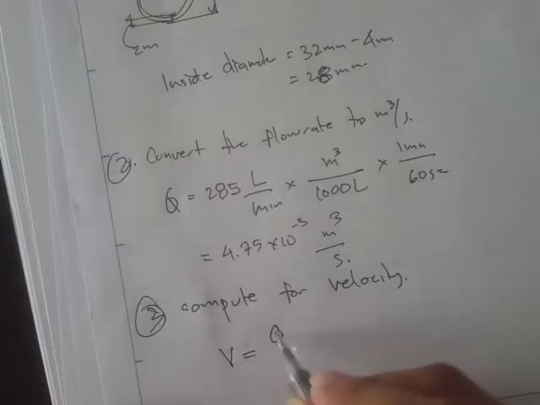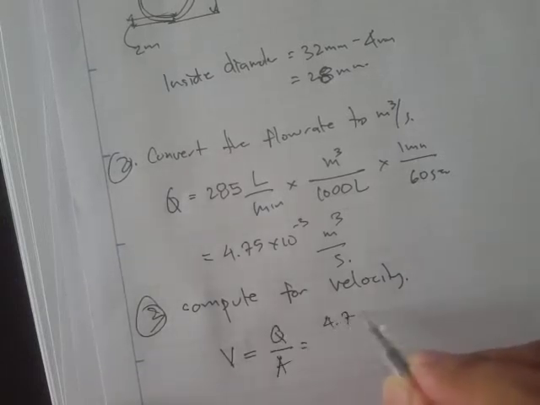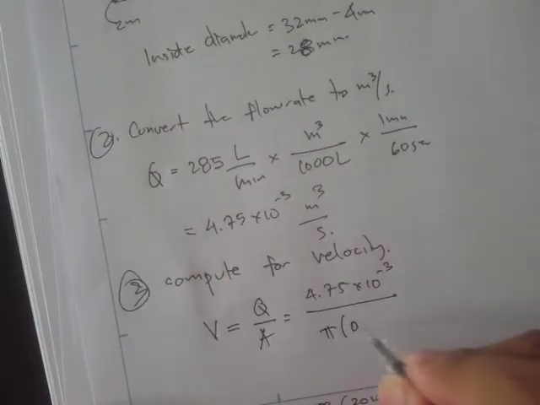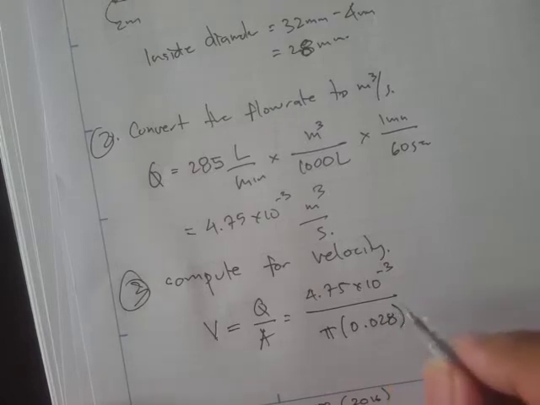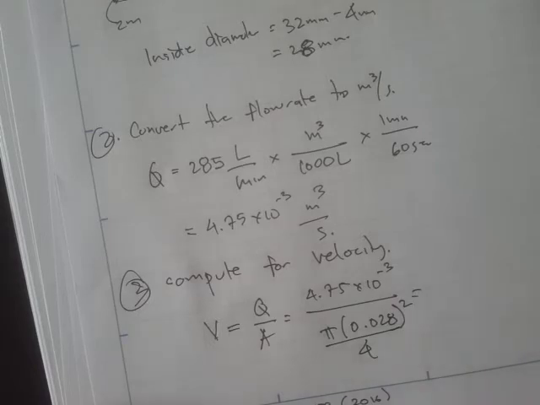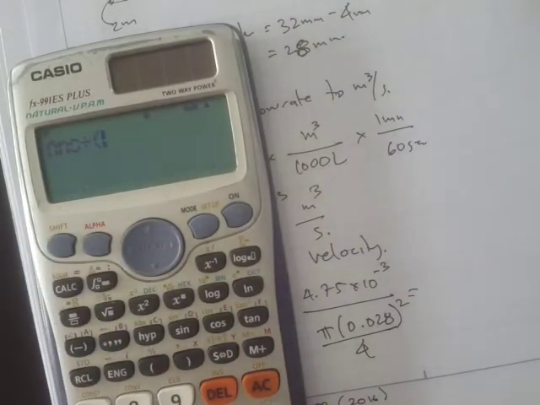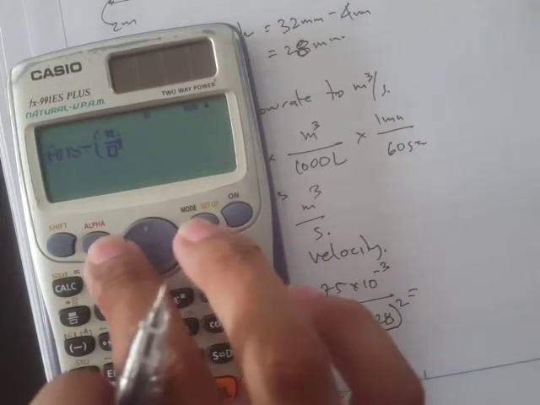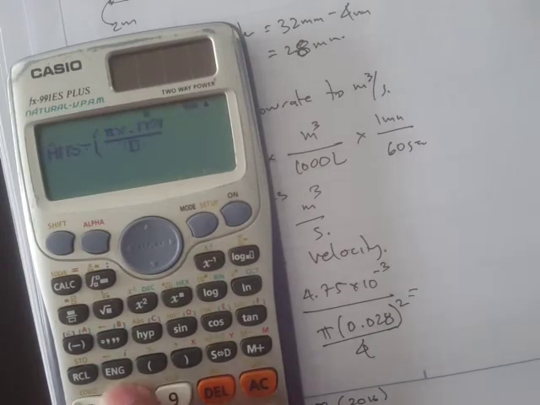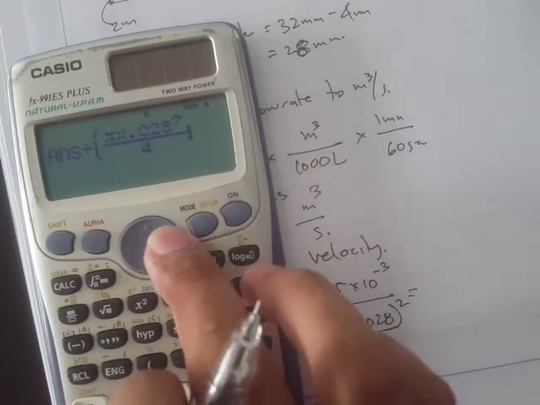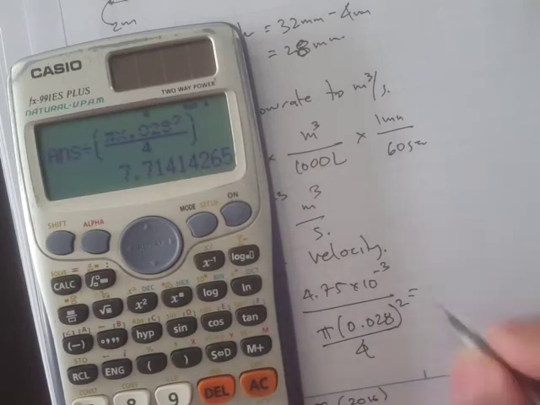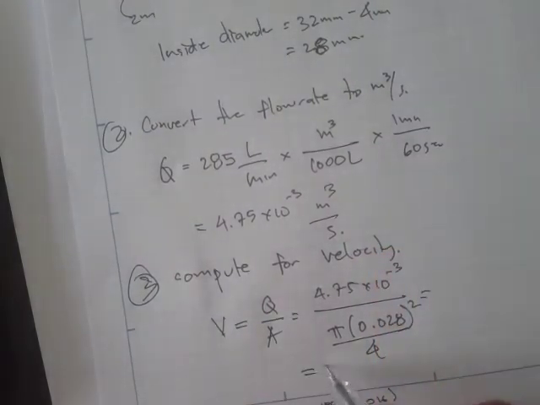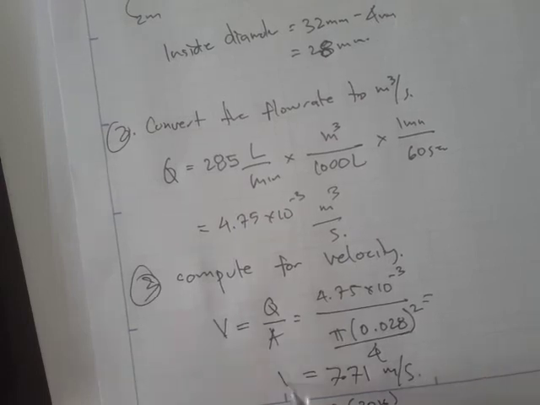V is equal to Q over A. So Q, 4.75 times 10 to the negative 3, divided by the area, which is just pi times 0.028 squared all over 4. And that's 7.71 meters per second.